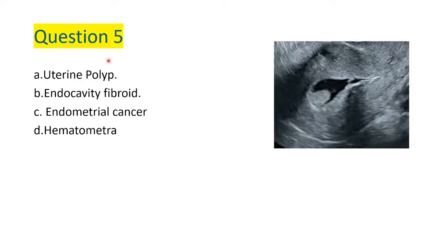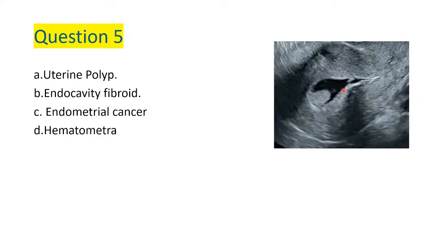Question number 5. We have put the uterus there, then there's endometrial fluid there, and there's an echogenic lesion that you're seeing here. So what is this? Endocavity fibroid, uterine polyp, endometrial cancer, or hematometra?